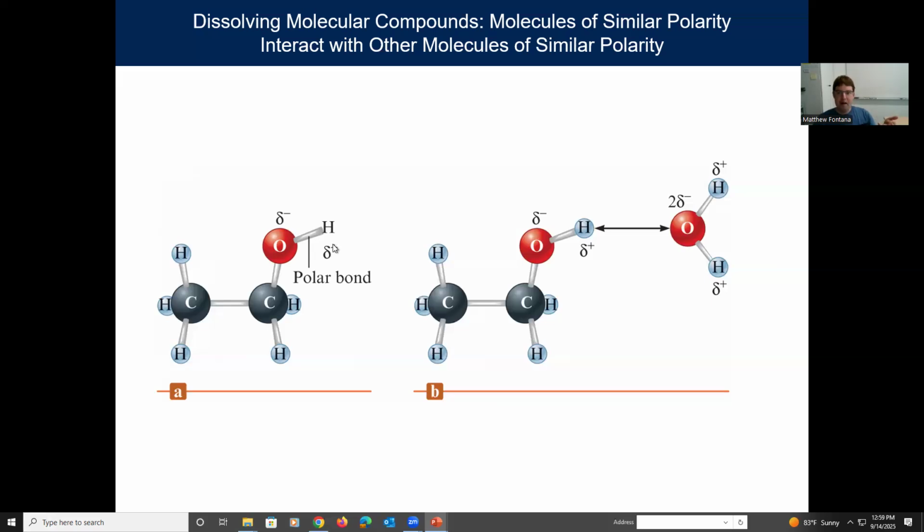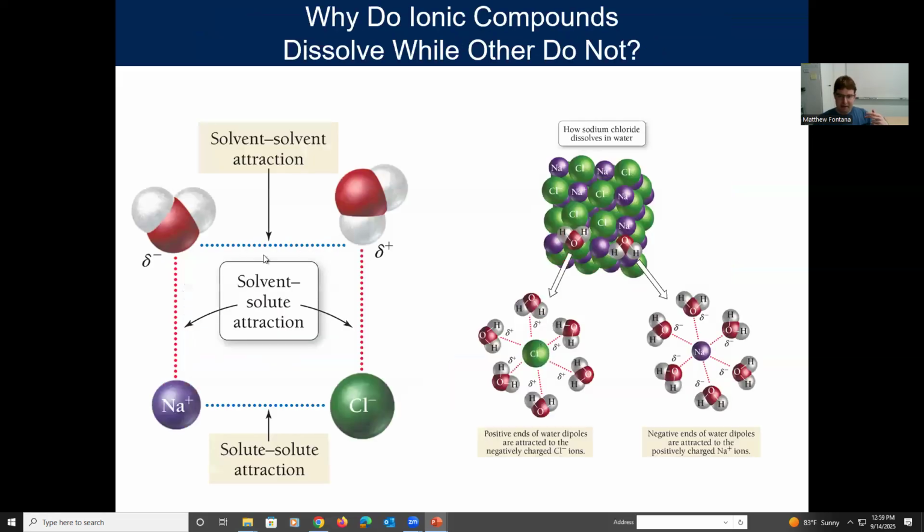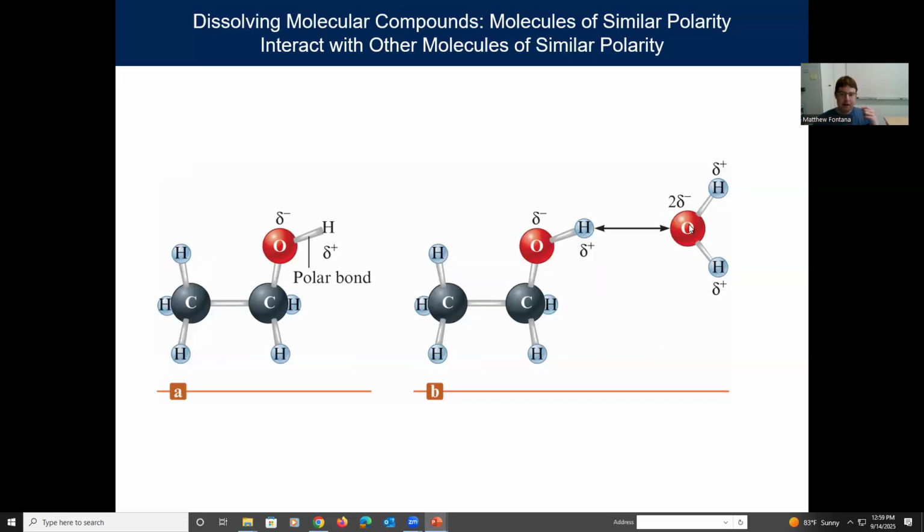Like we talked about in this slide with the solvation of the charged anions by water molecules, there's going to be a partial negative on the oxygen, and that's going to be attracted to the partial positive on the hydrogen.